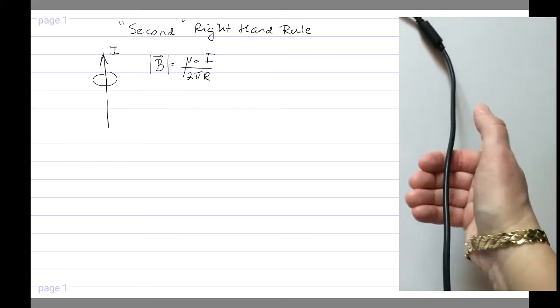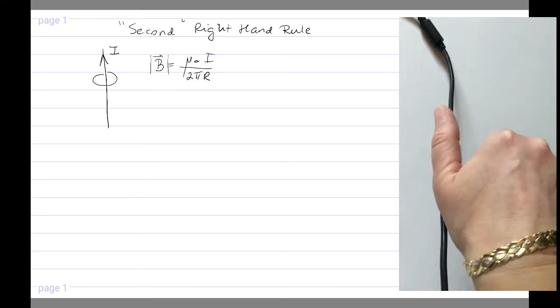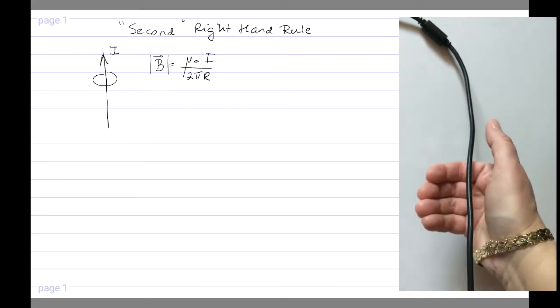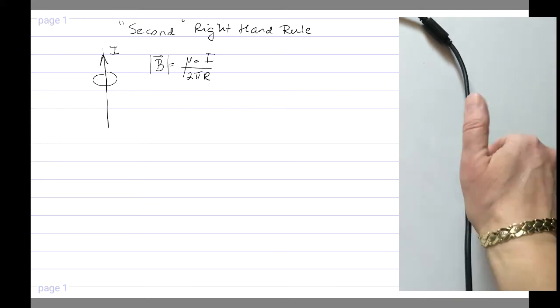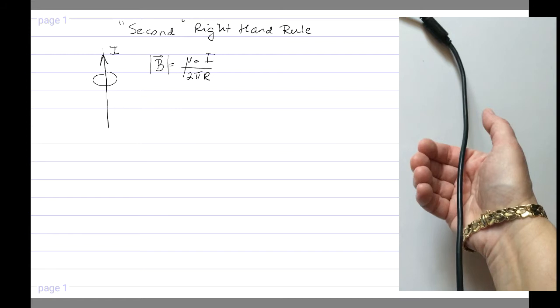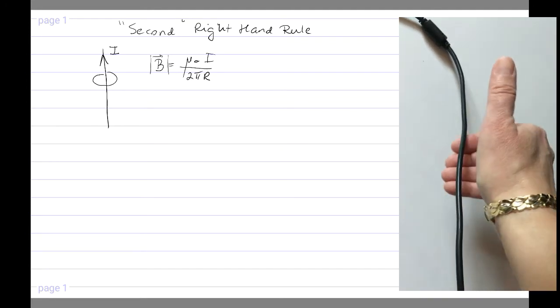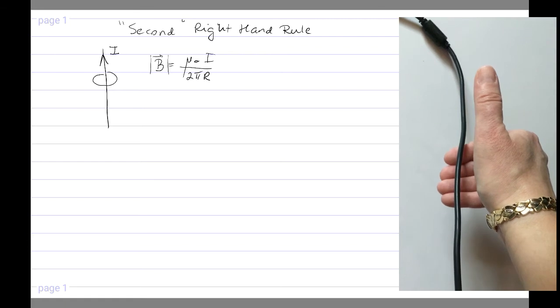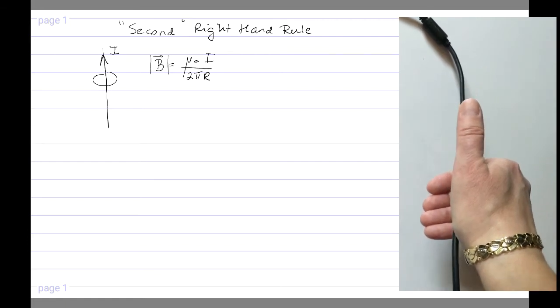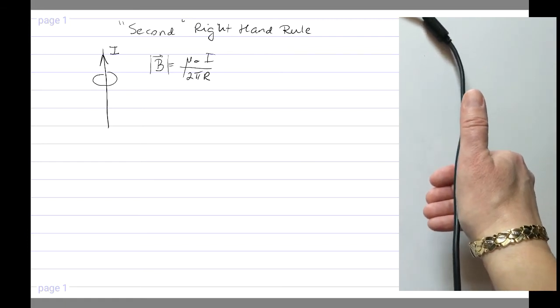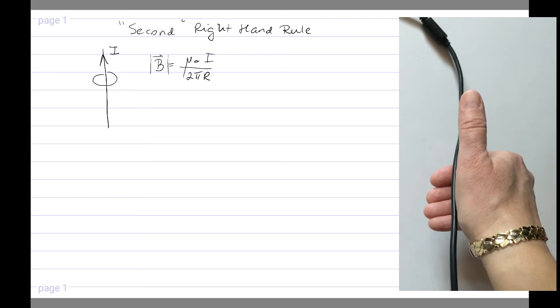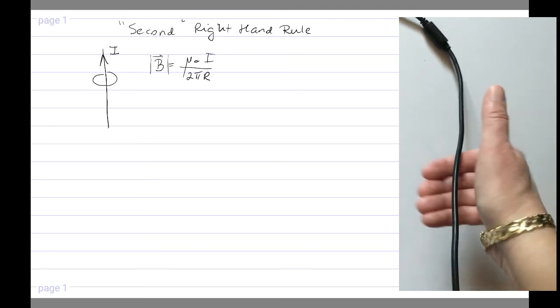Depending on the area of interest of where you're looking for the magnetic field, it can either be into the page or out of the page, or maybe to the right in front of the wire, to the left behind the wire. Okay, so thumb is in the direction of the wire, so it's pointed along the current, and the magnetic field rotates around.